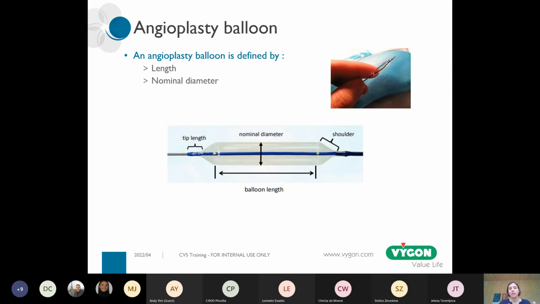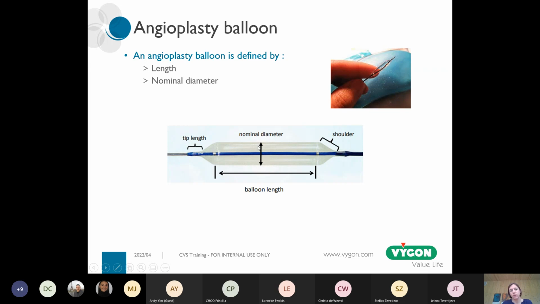The angioplasty balloon is defined by its length, and it will be chosen to match the length of the stenosis. So the doctor will choose the balloon to have the same length.